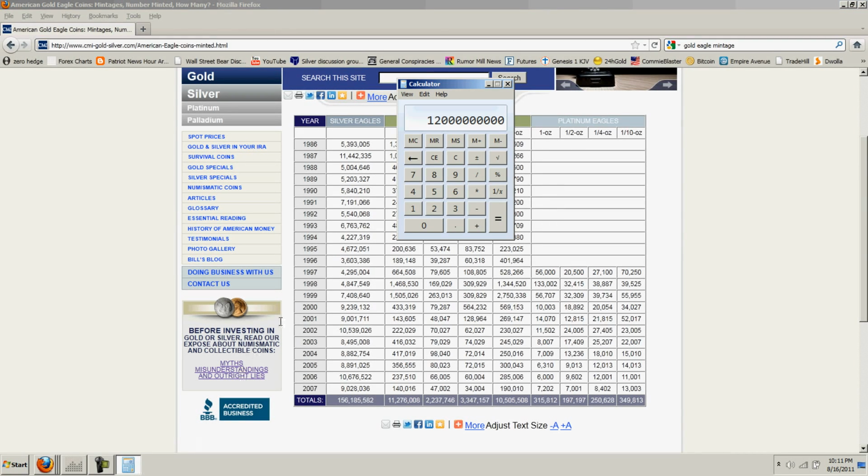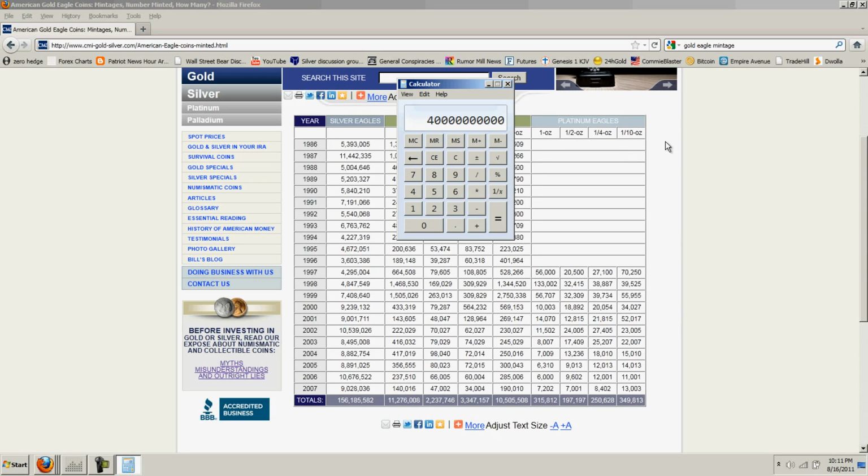So if we do the math on the Gold Eagle, we've got 20 million times the current, we'll just say 2,000. And that gives us 40 billion.